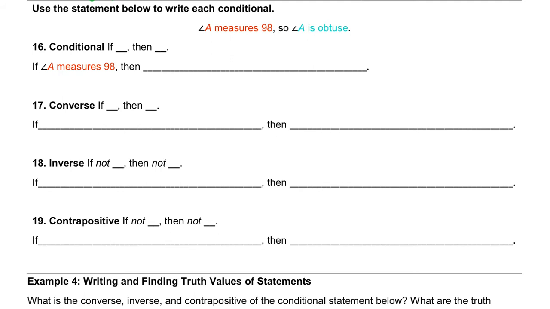So in our next example, we are going to write the conditional to the statement, angle A measures 98 degrees, so angle A is obtuse. So to remember, conditional statements are that if P, then Q form. So P is angle A measures 98 degrees. Q is A is obtuse. So my if-then statement is, if angle A measures 98 degrees, then angle A is obtuse.